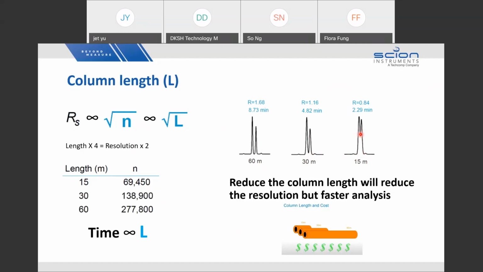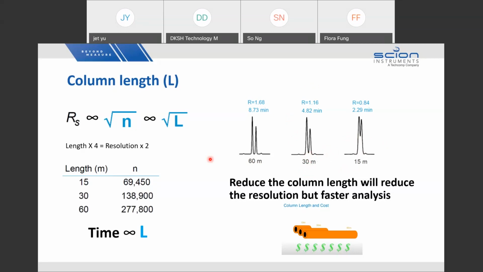Basically, when you do the peak splitting, the area may not be that accurate. So you have to think about which resolution you are satisfied with. Usually the middle one, this type of resolution, is okay. It's good enough. It's very close to baseline resolved, but not like this.